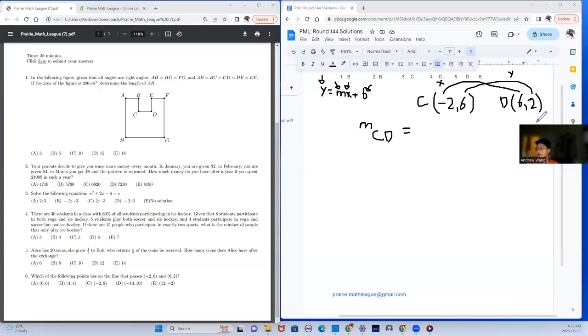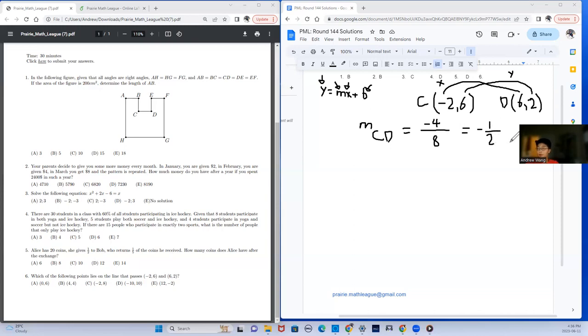Change in y value is essentially the difference. So take the y, 2 minus 6 is -4, and the change in x value is 6 minus -2, 6 plus 2 is 8. So essentially the slope is -4/8, which is -1/2.